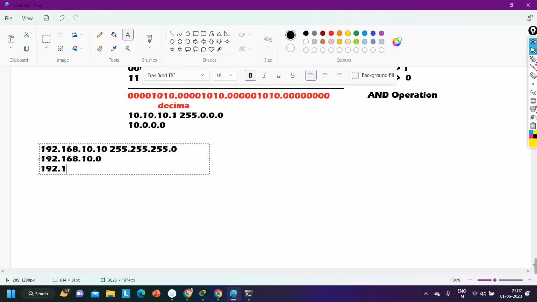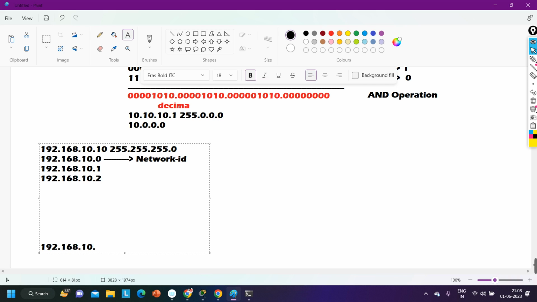The first IP address will be 192.168.10.1. The address 192.168.10.0 is nothing but your network ID. This is reserved for the network ID. This is your first valid IP address. The second valid IP address will be 192.168.10.2. What will be the last IP address? 192.168.10, see, till here the value will be the same because these are the network portion.